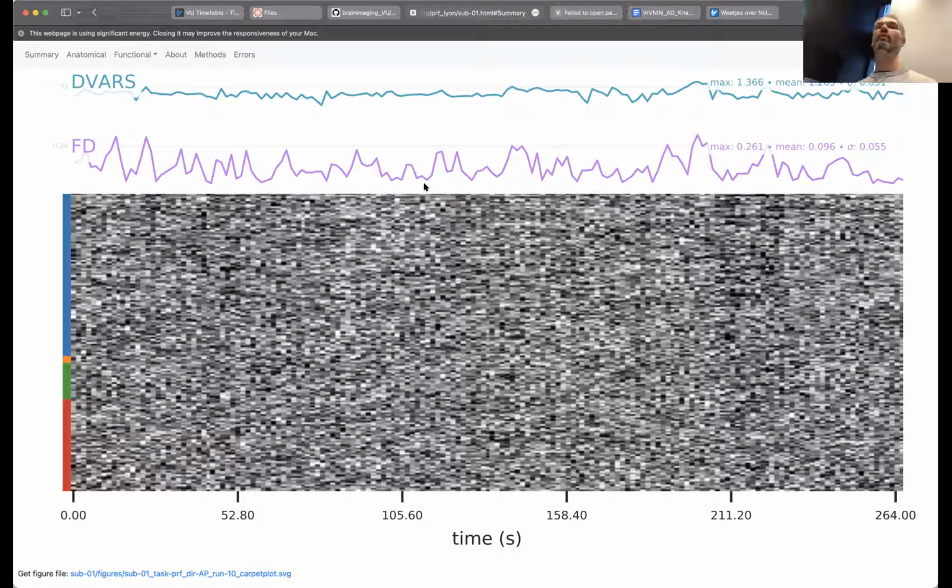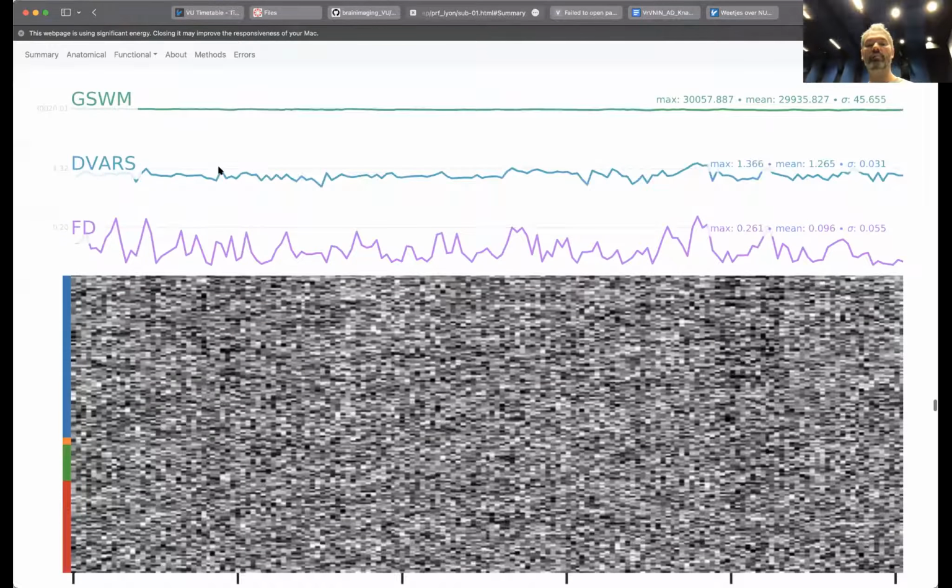Like in fMRI, we are interested in signals about 2% signal change. Yeah? Movement will immediately give you 40% signal change, right? So artifacts related to motion are going to be orders of magnitude larger than the effects that you are actually interested in. Yeah? And so you can see how important this is.